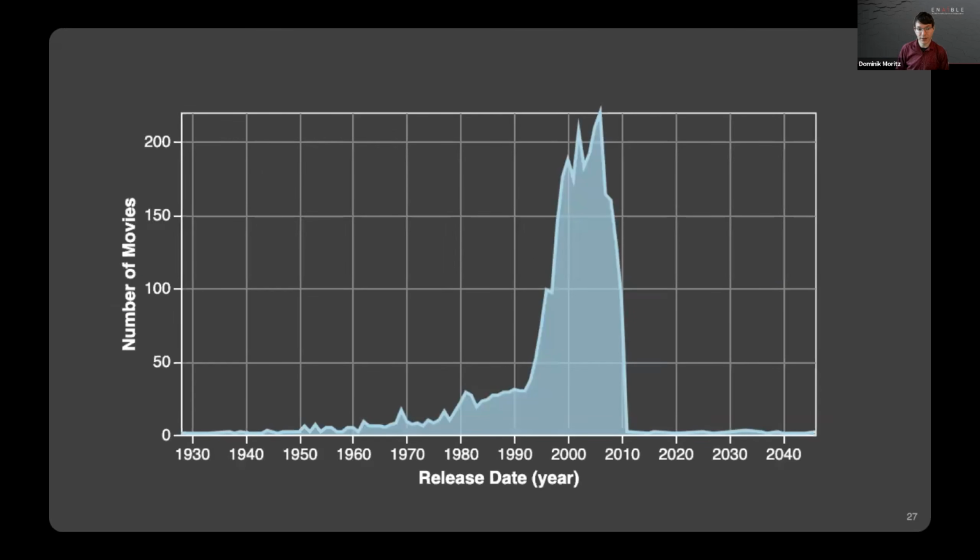So for instance, if we visualize the release data, we can see here the numbers of movies over time between the years 1930 to 2040-something, let's say 45 roughly. Well, we can see a couple of things. First, we can see the stark drop-off in around 2010, which corresponds to the collection date of this data set.